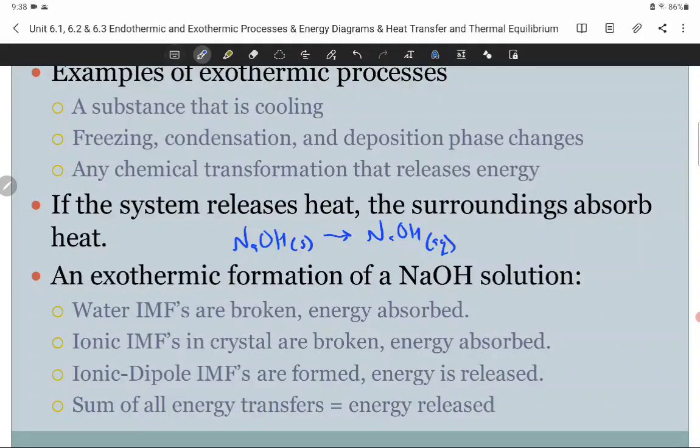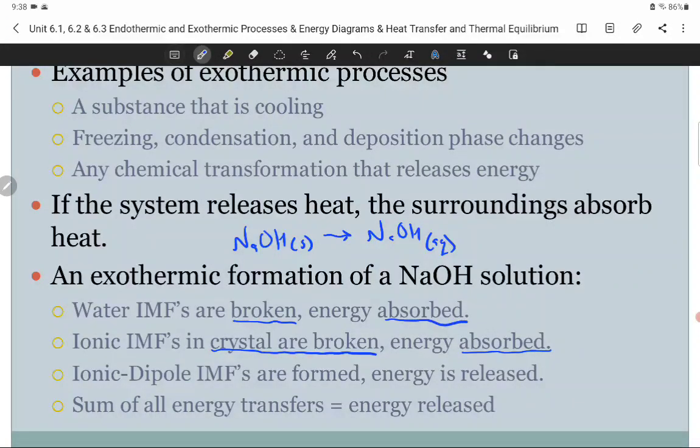In this case, the Coulombic attraction between sodium and hydroxide, that bond has to be broken. Again, anytime you break a bond, energy is absorbed. The water has to break away from water. Those hydrogen bonds have to be broken, energy absorbed.